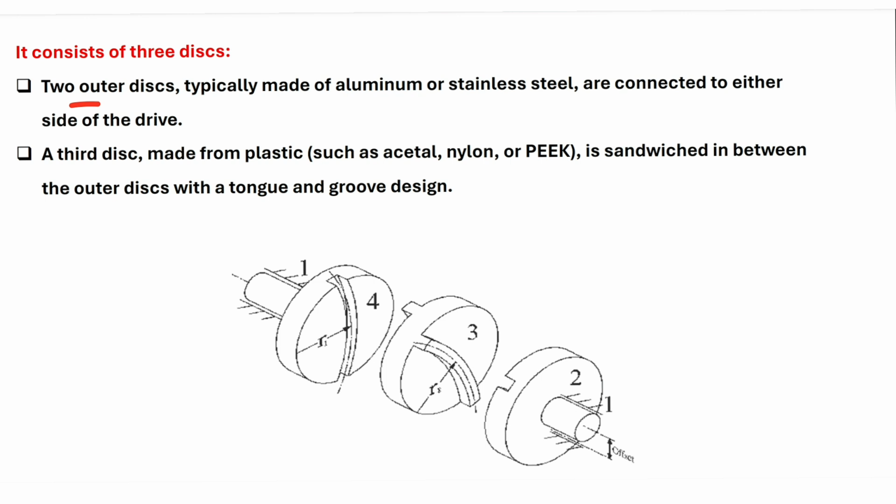Two outer discs, typically made of aluminum or stainless steel, are connected to either side of the drive. Second, a third disc made from plastic such as acetal, nylon or PEEK is sandwiched in between the outer discs with a tongue and groove design.